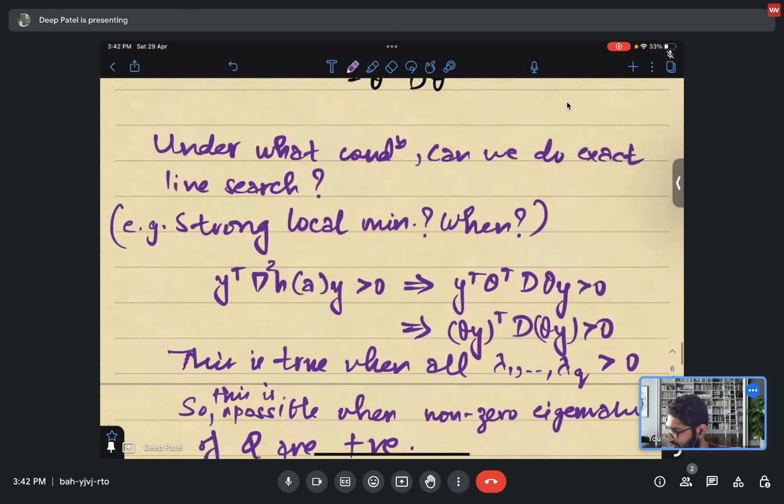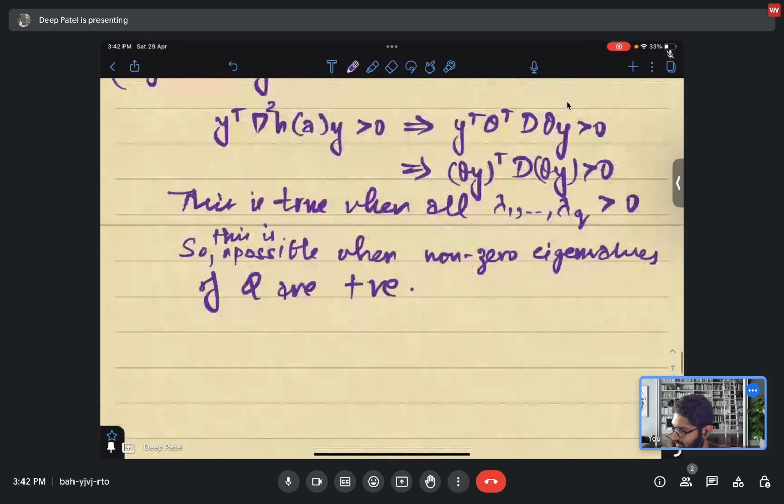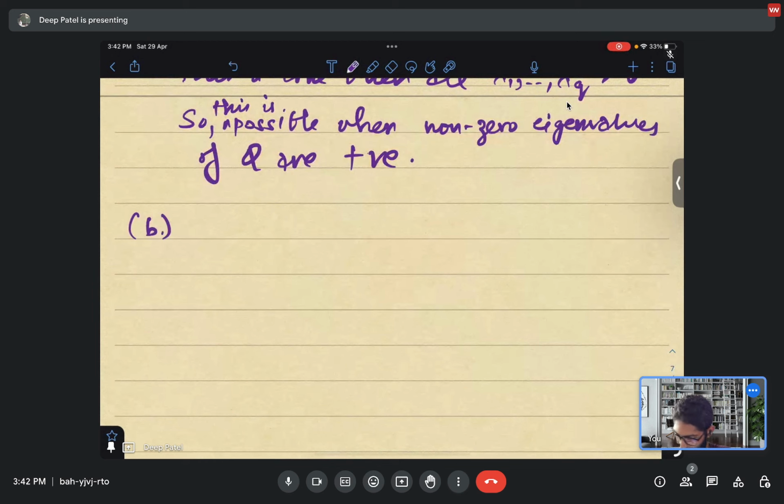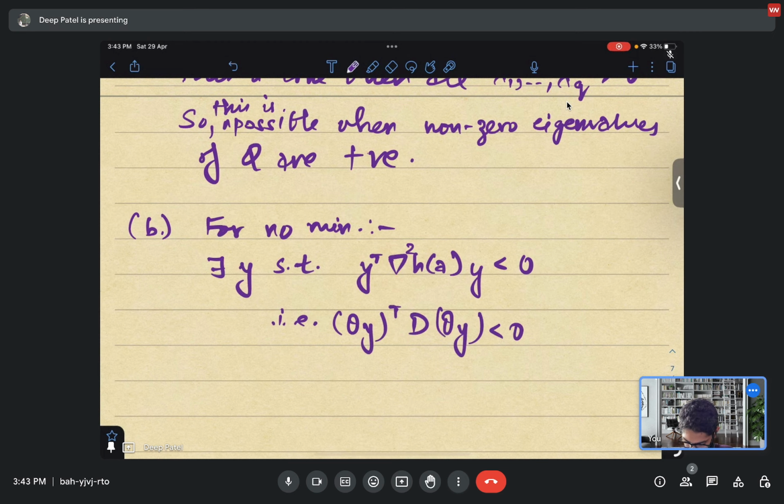Right, similarly, let me write B. For no minimum, it will suffice to say there exists some y such that y transpose Hessian y is less than 0. That is, theta y transpose D theta y is less than 0.